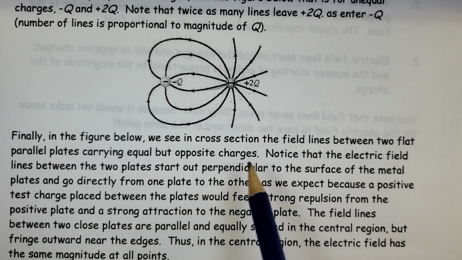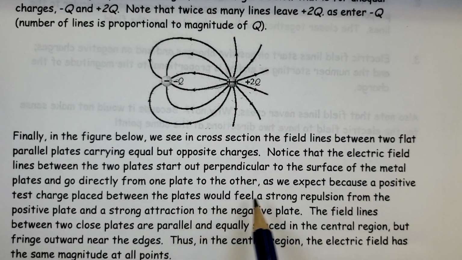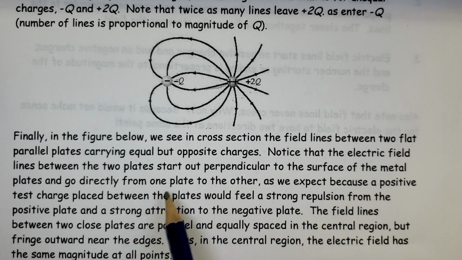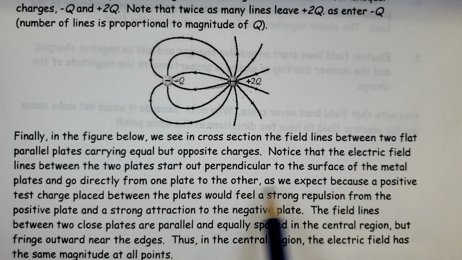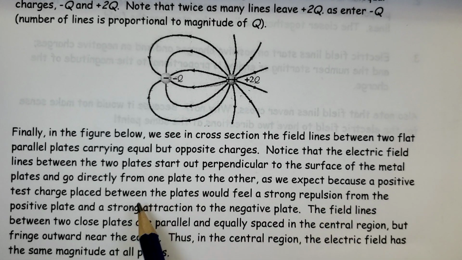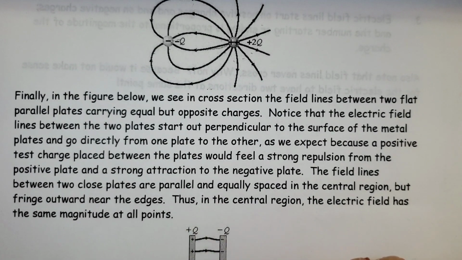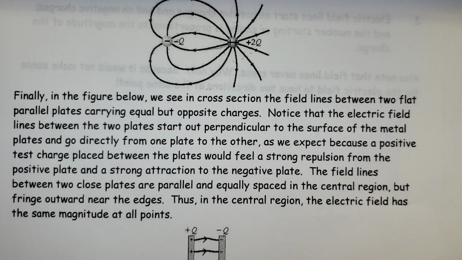Finally, the figure below, we see a cross-section of the field lines between two flat plates. Notice that the electric field lines between the two plates start out perpendicular and go directly from one plate to another, as we expect, because a positive test charge placed between these two plates would want to go to the right, towards the negative, because it's attracted to it.